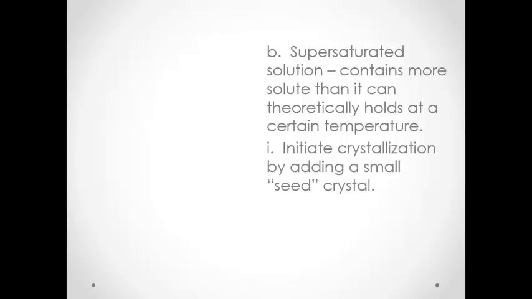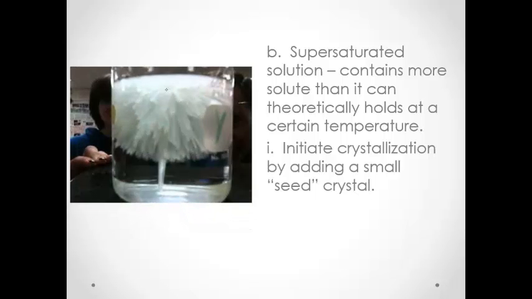So you can initiate the crystallization by adding what you call a small seed crystal. So it's just a very small piece of more solute, and that is going to cause all of the extra solute that is in the solution to clump onto or gravitate toward that seed crystal, so that you get these really cool formations.